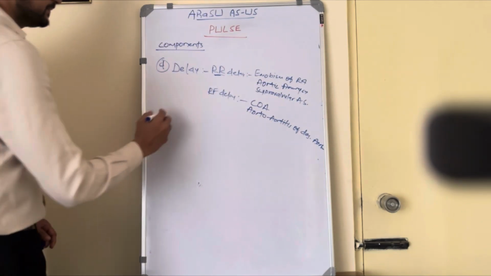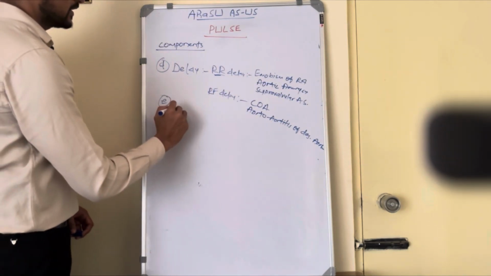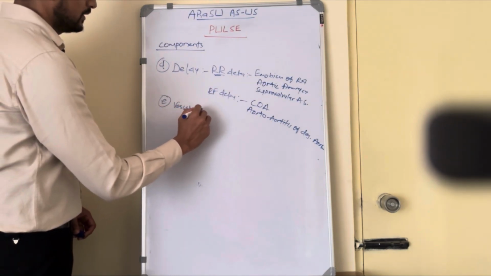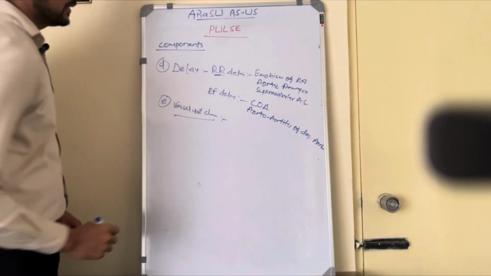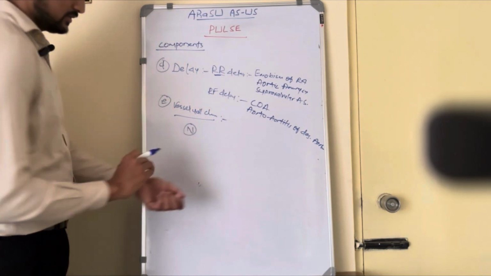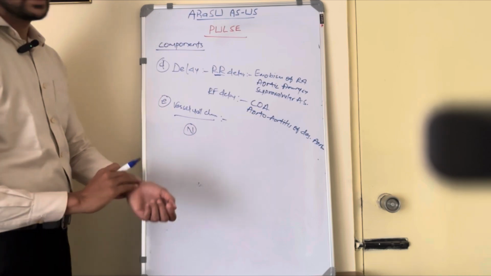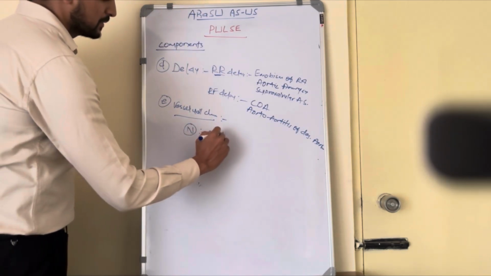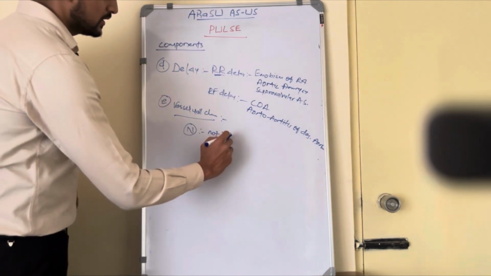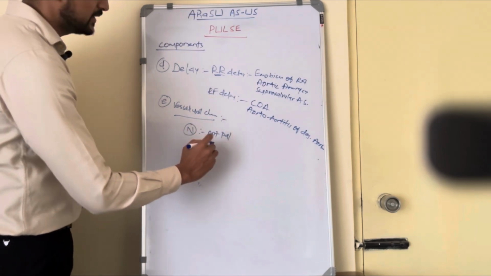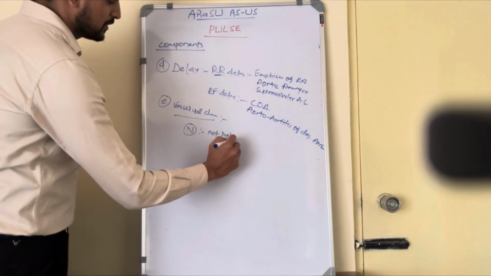This is about delay. Then we told about vessel wall character. Normally, when we are feeling the vessel or artery, it should not be palpable. We will be able to feel the waves, but not the wall of the artery. So not palpable normally.